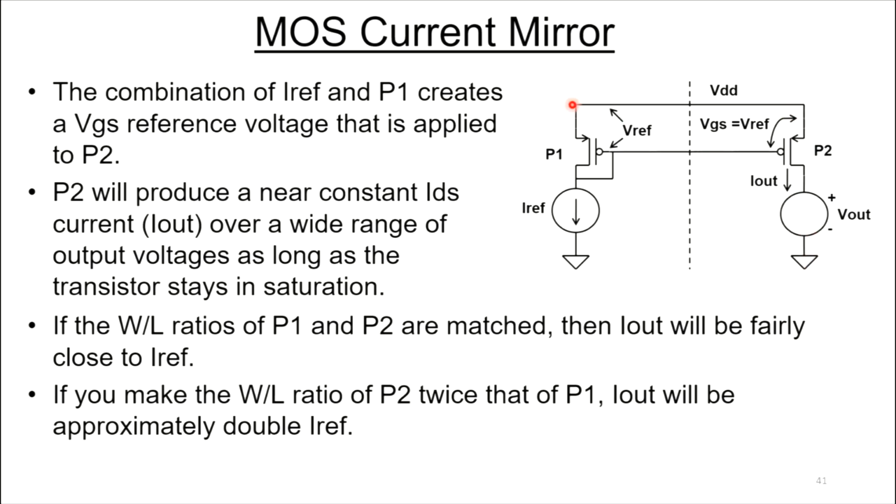And if the size of P1 matches the size of P2, and by size I mean the W over L ratio, width over length, the current in this branch and the current in this branch are going to equal each other. If you change that ratio, let's say you doubled the size of P2, you can double the current. So you can use these width over length ratios as a scale factor.